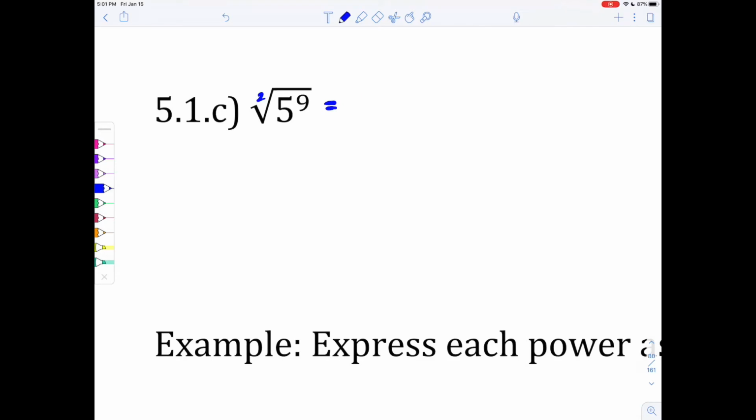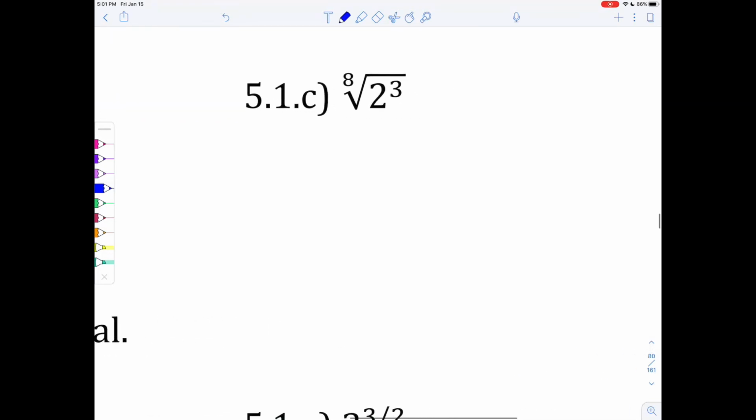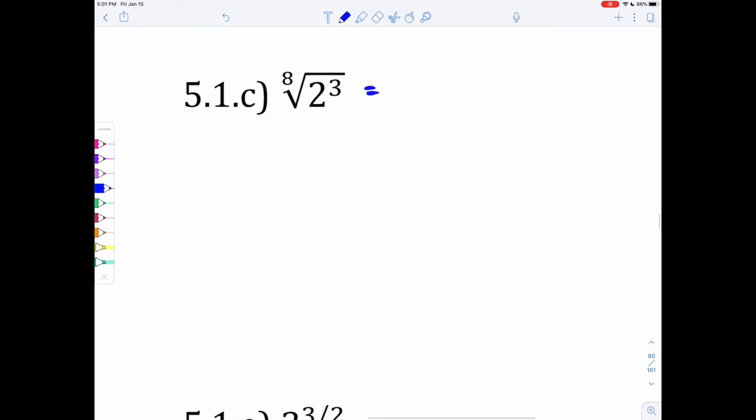So no index indicated, that's a square root. Our base is 5, numerator is 9, and denominator of that fractional exponent is 2. And then last one, the base is 2, because that's our radicand's base, and we've got 3 over 8 for our fractional exponent.